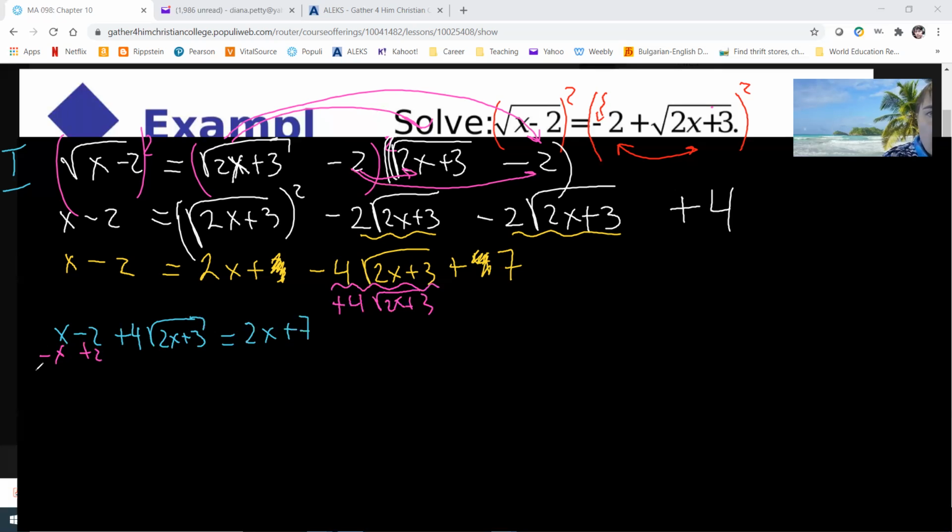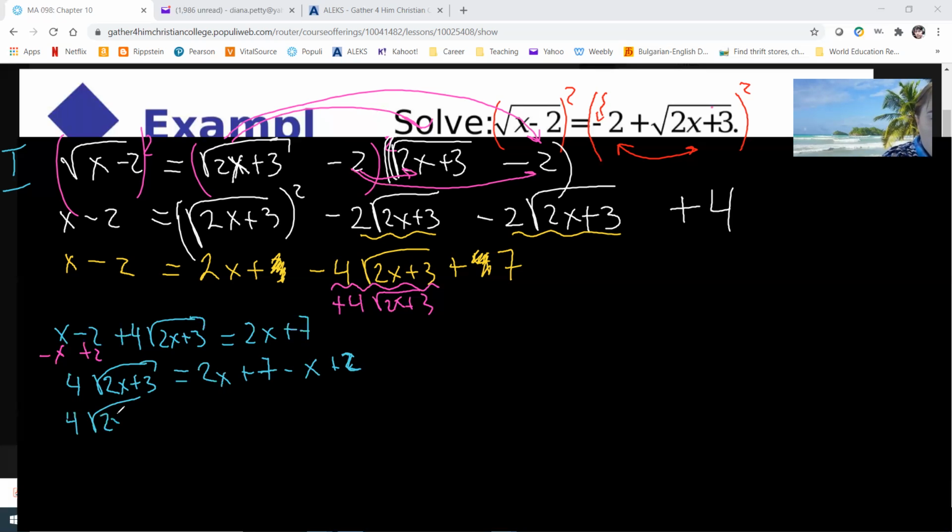And we isolated the radical. So it's going to be 4 times the radical equals 2x plus 7 minus x plus 2.